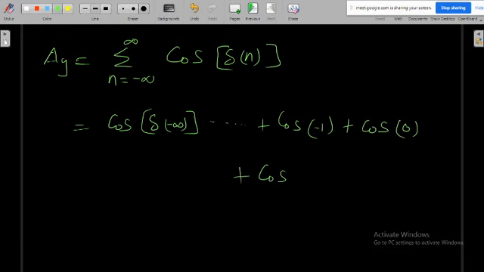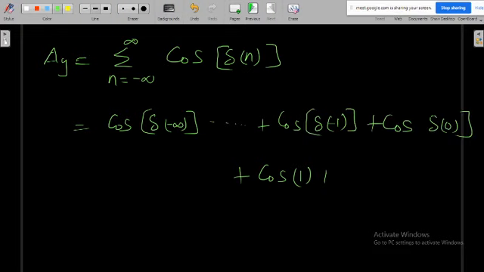Similarly n could be 1, cos of del 1, then cos of del 2, finally cos of del infinity.